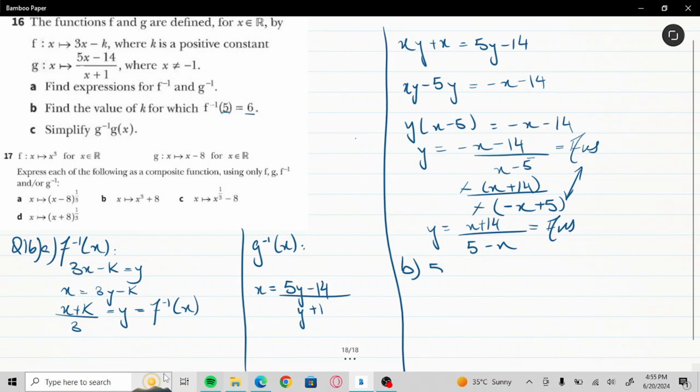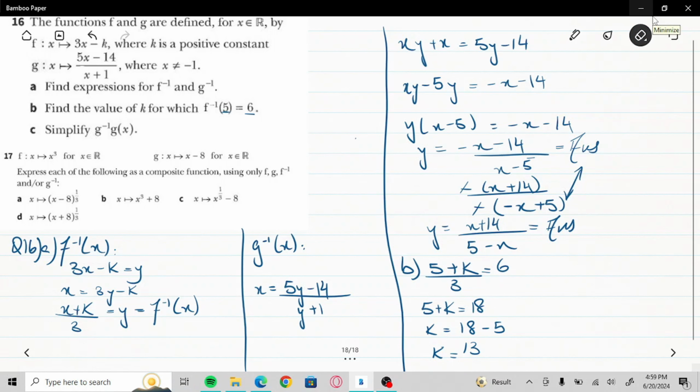Instead of x, we are going to input 5, so 5 plus k divided by 3 is equal to 6. 5 plus k is equal to 6 times 3, which is 18. k is equal to 18 minus 5, which is 13. Okay, so that's for part B, k is equal to 13.